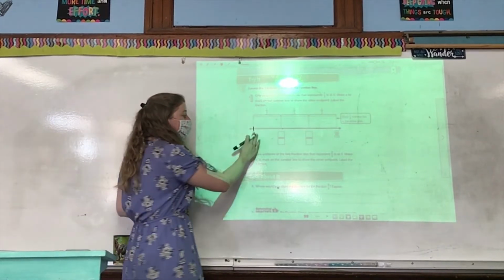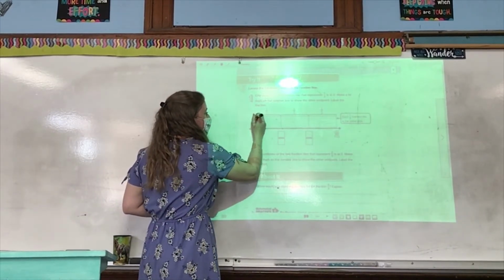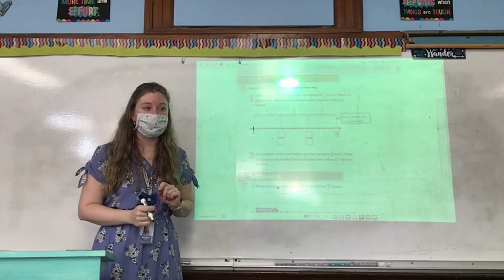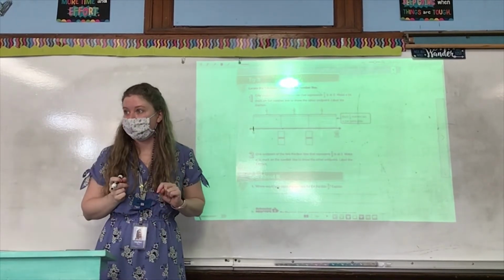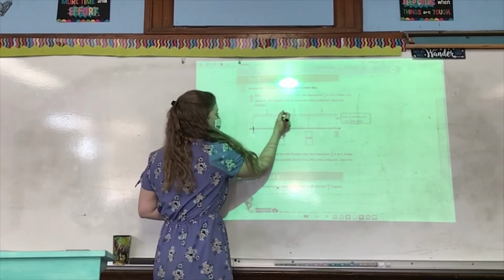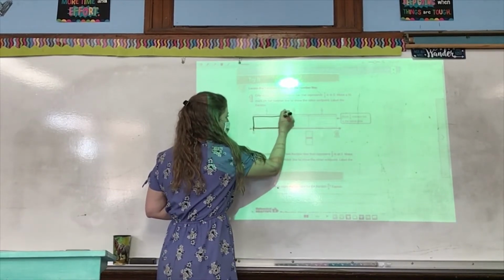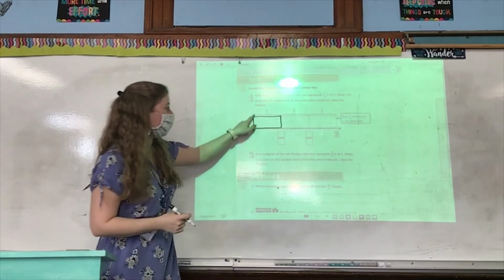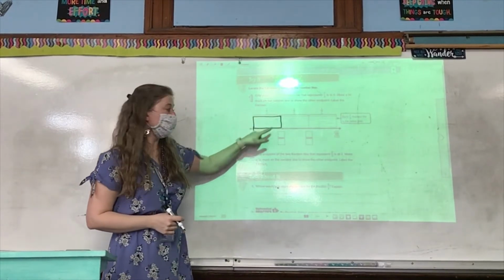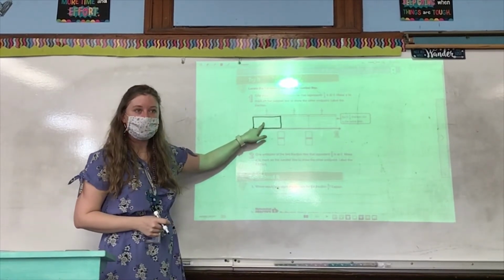Okay, so now we have our 0. Let's go ahead and trace our first fraction tile. We just shaded our first fraction tile. This represents how many?